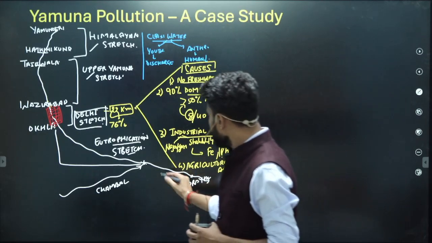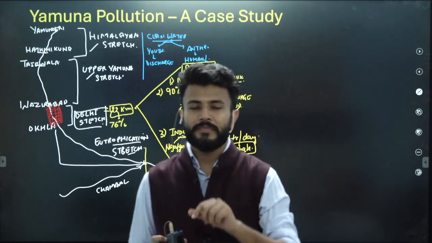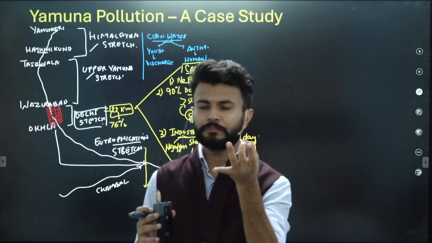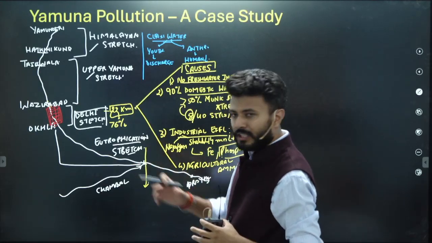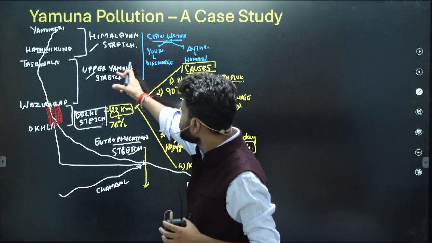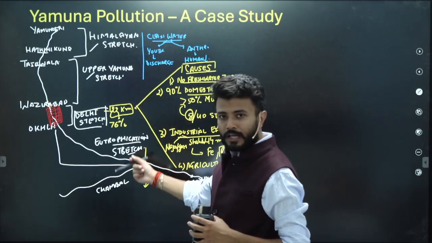Now here, when we talk about the eutrophication stretch, the river now has the basin areas of Rajasthan, Western UP, as well as MP. Now, this particular region is also known for agriculture. Also, from the upstream states of Punjab and Haryana, agricultural pollutants are coming here.